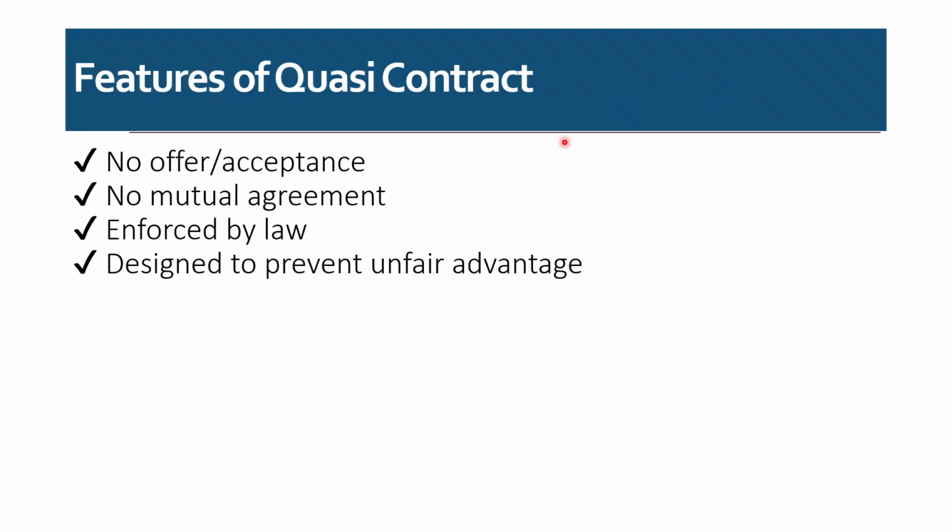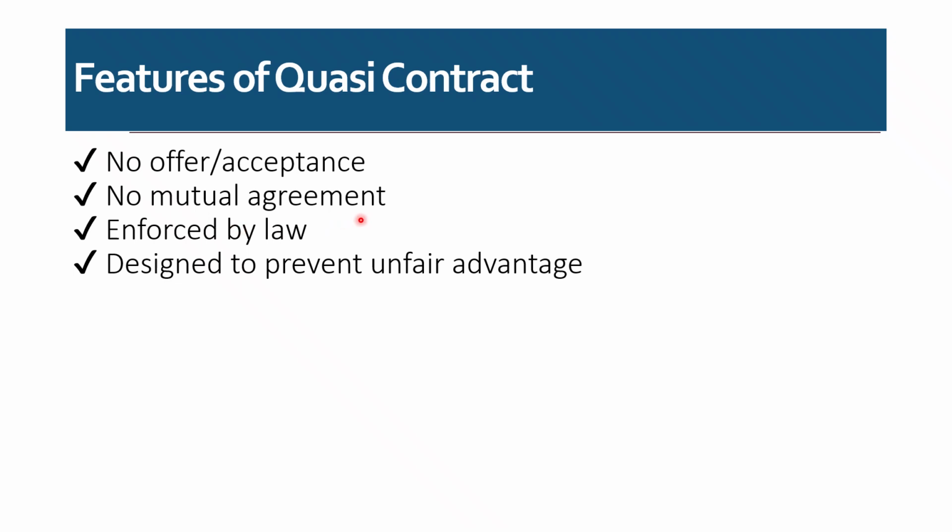Looking at the features of a quasi contract, the first one is that there is no offer or acceptance. This is what we understood, that it is not an actual contract. Therefore, there was no offer, no acceptance and no agreement. There is also no mutual consent, where the parties do not enter into any agreement voluntarily. That is why we say that it is enforced by law. So it is created by law.